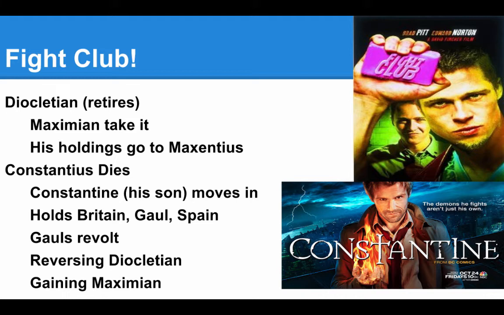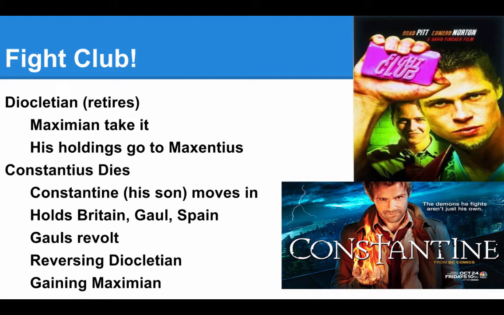Now, shortly after Diocletian abdicates, Constantius dies, and his son Constantine moves in. Constantine will hold Britain, Gaul, and Spain. And he's the first emperor that really has to do a lot of military stuff because the Gauls revolt, and then another group called the Alemanni revolt.